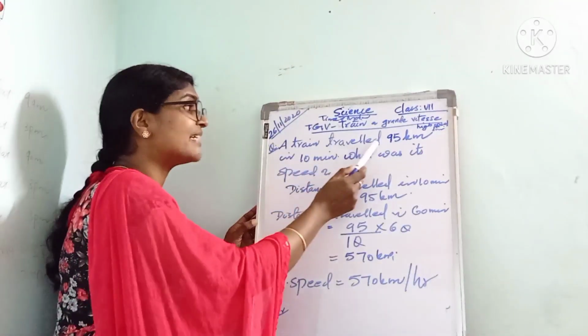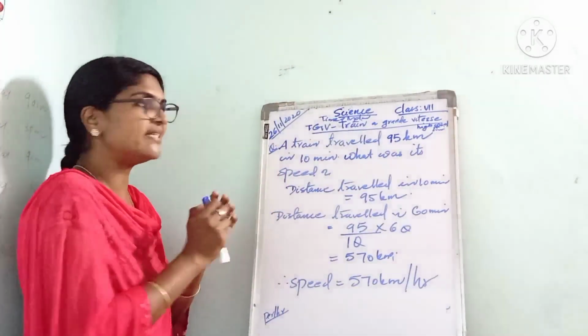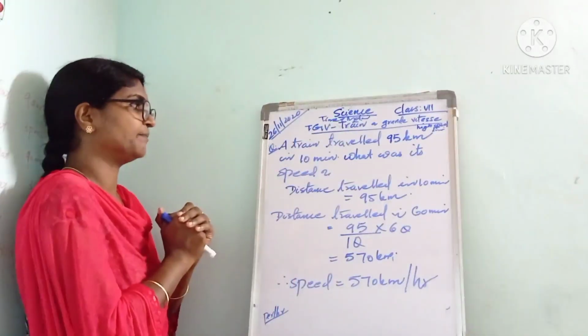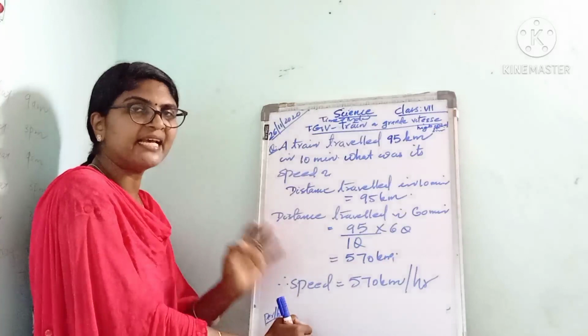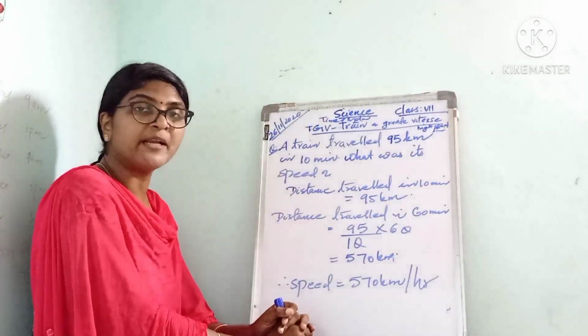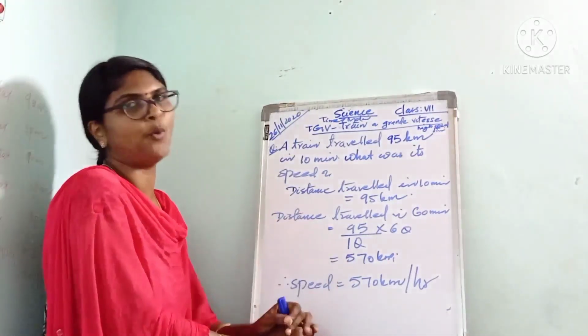Here the train traveled a distance of 95 kilometer in 10 minutes. What was its speed? Here we shall calculate the speed of the train per hour.